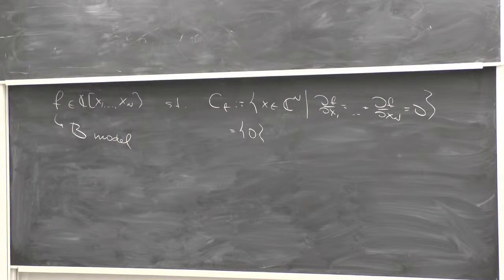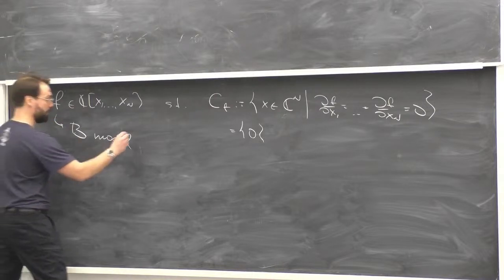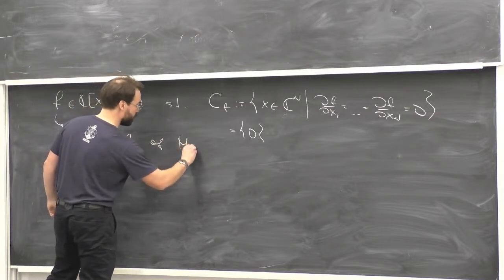And well, that's the B model of mirror symmetry.